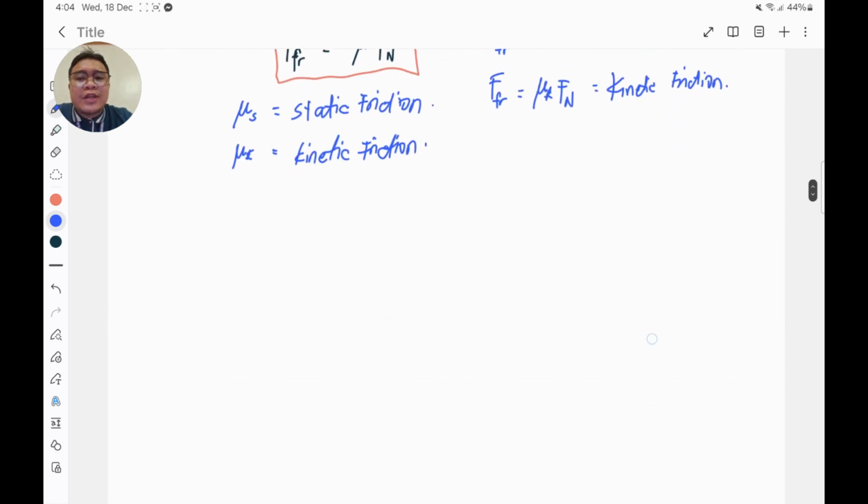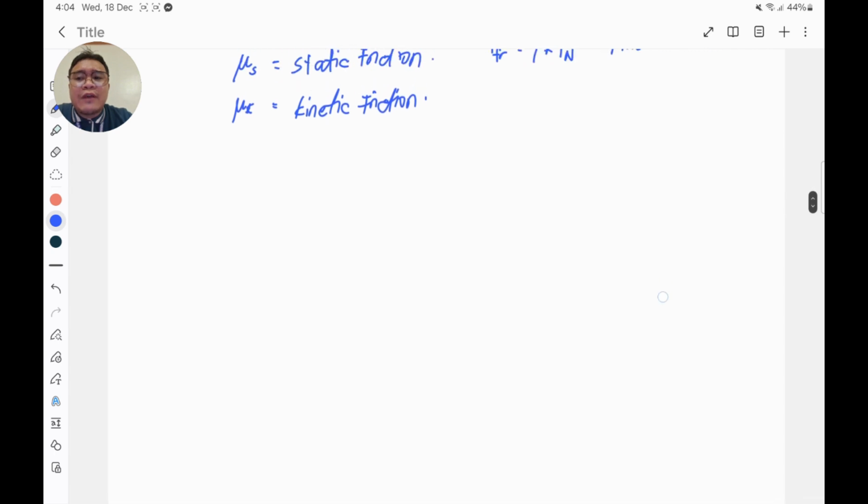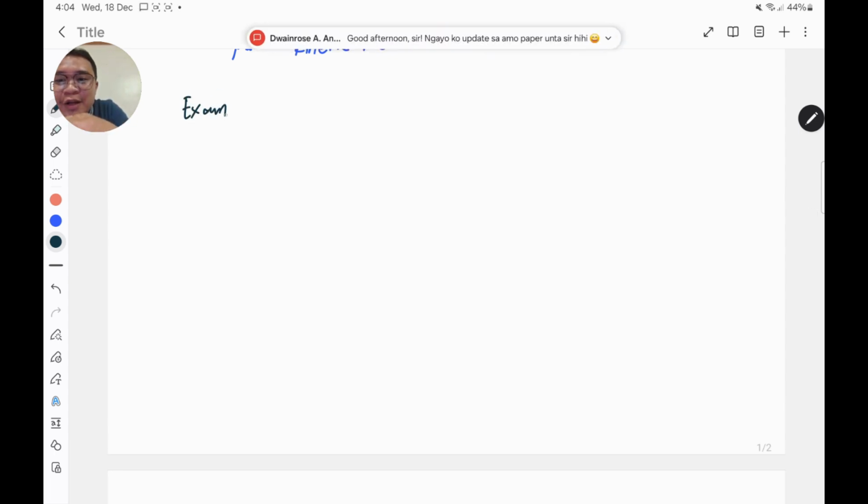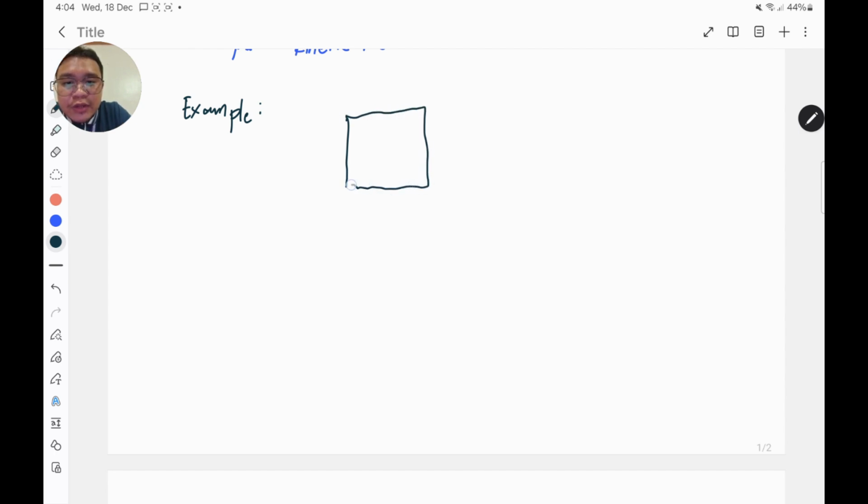So let's just say, for example, so that we can further understand the effects of this friction, let's consider this system here. Again, allow me to use a box for simplicity. Okay, for instance, I have a box here that is static, meaning to say this is at rest. Let's just assign a mass here, which I always use, of 10 kilograms. And this object is completely lying on a flat surface.